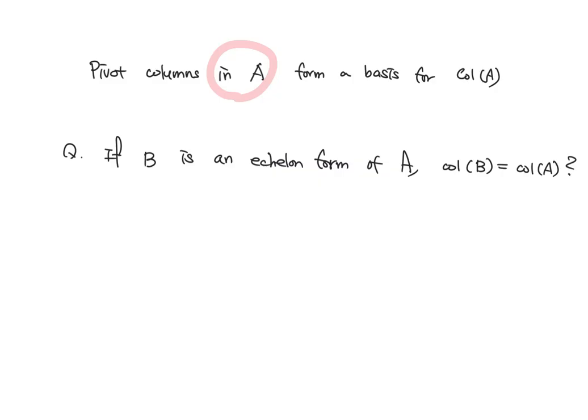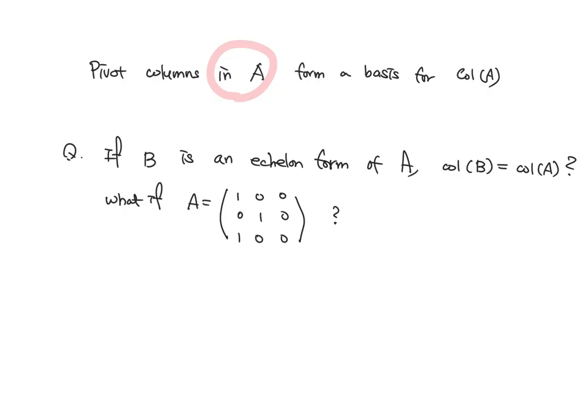For example, what if A equals, say, 1, 0, 0, 0, 1, 0, and say 1, 0, 0. Then what is B?